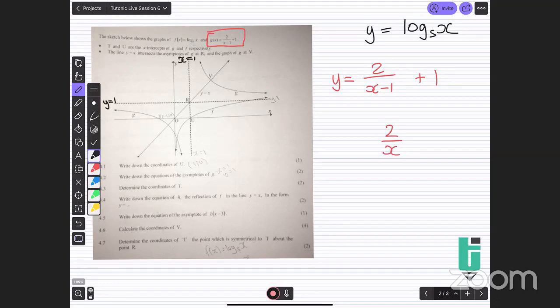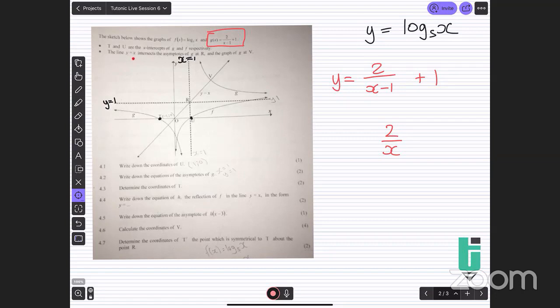You guys know there's a concept in hyperbolas if you want to revise. T and U are x-intercepts there and there, but they have different graphs. U is for the log graph and T is for the hyperbola.